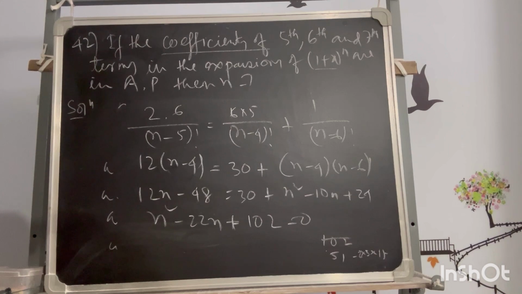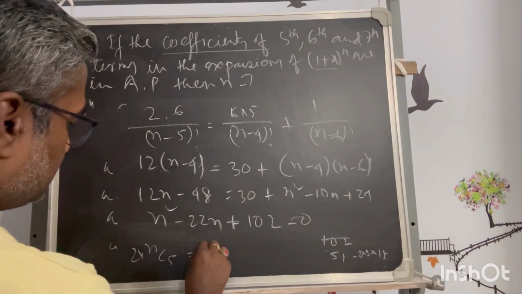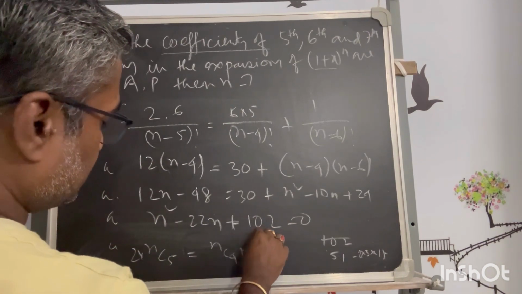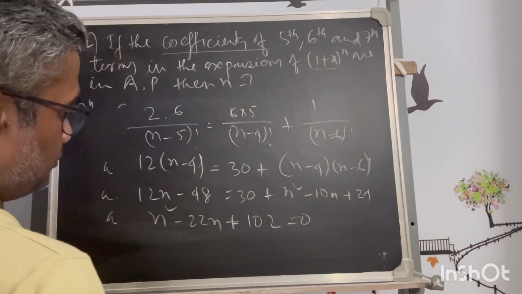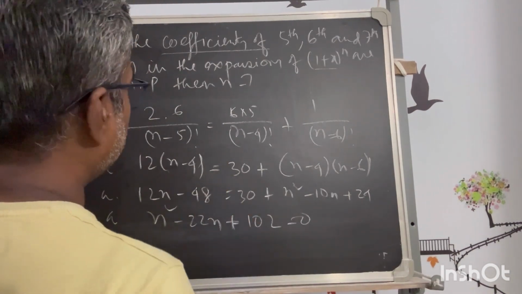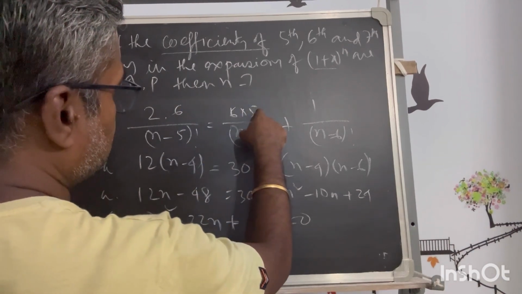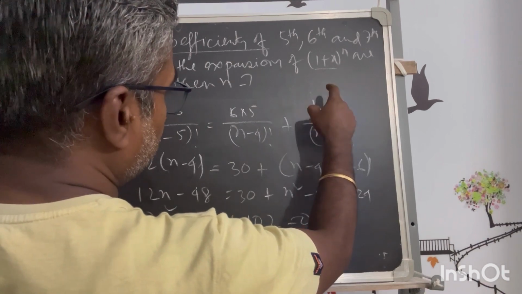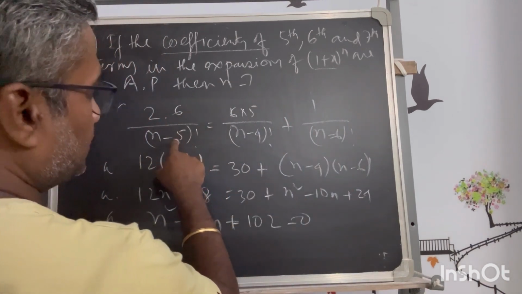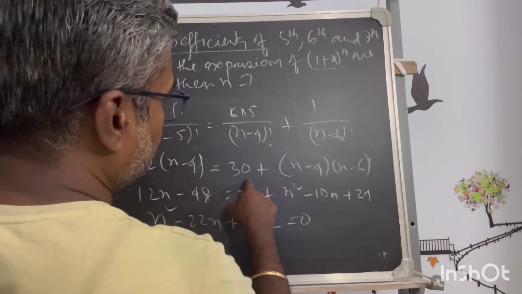Coefficients of NC5, 2 into NC5 is equal to NC4 plus NC6. Okay, so let me check this once. I am multiplying with factorial 6, it is coming 6, it is 6 and 4 because factorial 4 will cancel, factorial 6 will be there, so this is okay. Now next I will multiply n minus 4, so n minus 4 factorial, n minus 5 will be cancelled, n minus 4 will be there.